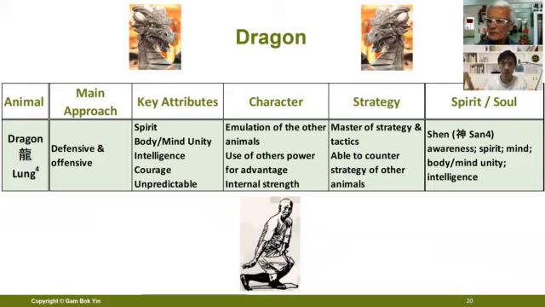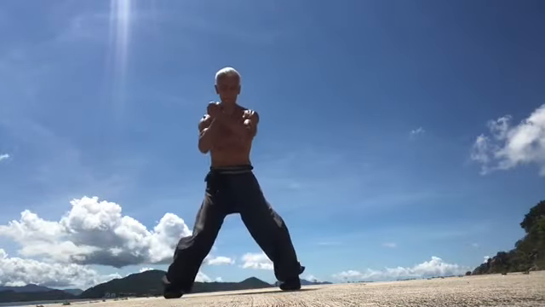Now, the character of the dragon is it's able to emulate any or all of the other animals, and therefore it can use the power of other animals for its own advantage. And it has great internal strength.